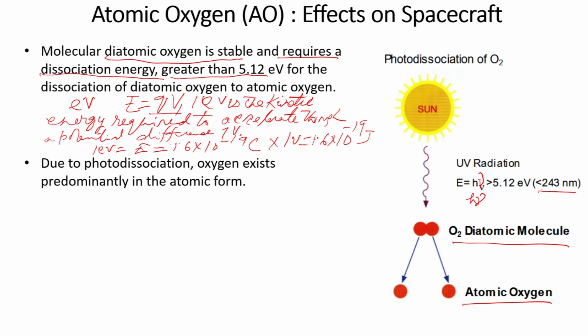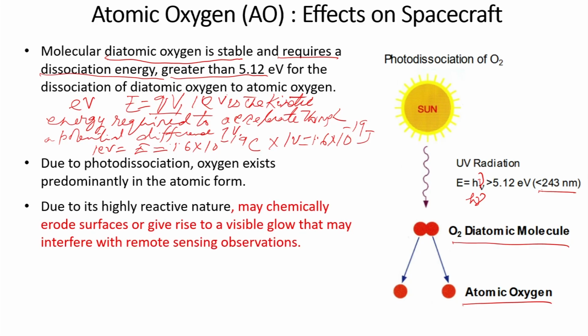So, due to photodissociation, oxygen exists predominantly in the atomic form. Due to its highly reactive nature, it may chemically erode surfaces. So, what is erosion? Basically erosion or sputtering. What can it do?